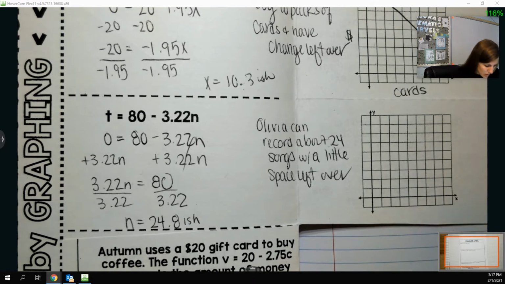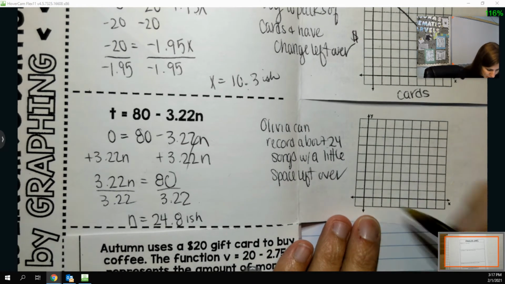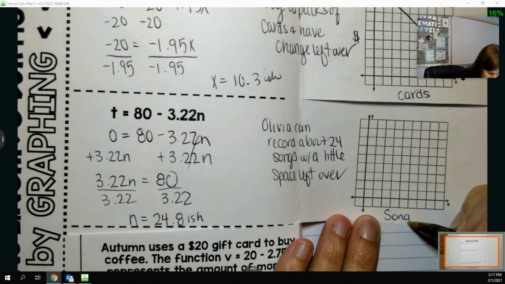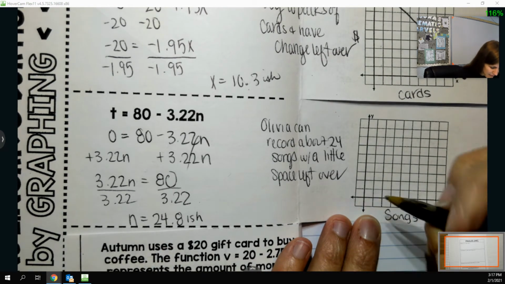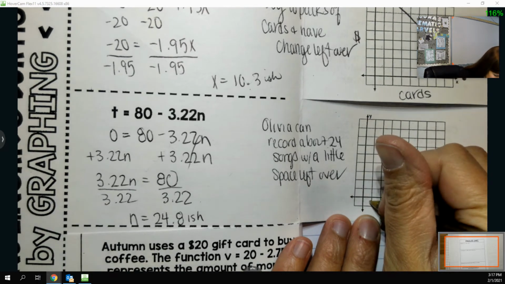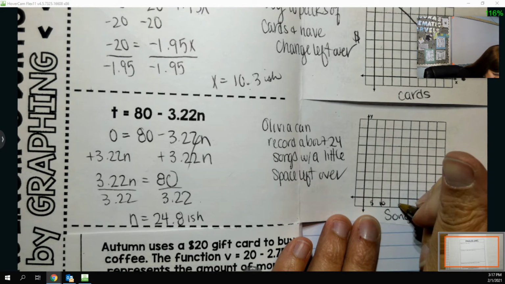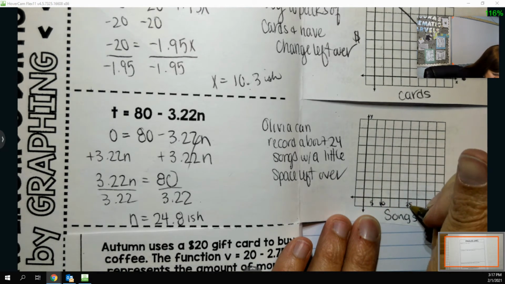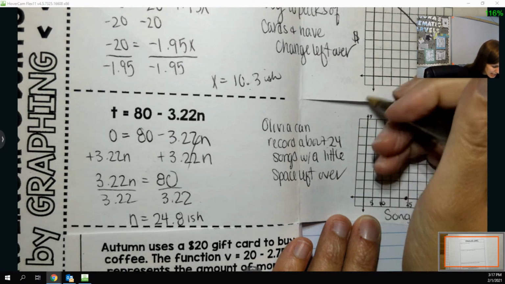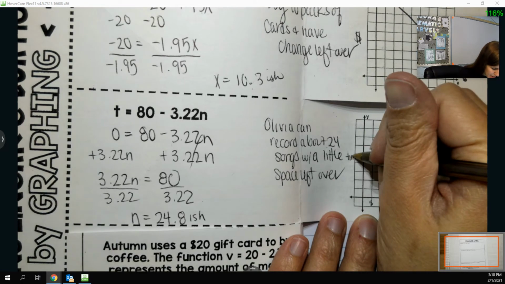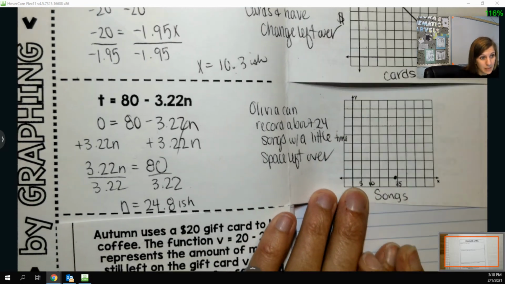Okay, so along the bottom here, let's put songs. And because I have to go to like 24, let's maybe count by fives. So 5, 10, 15, 20. This will be 25, so we'll be almost there. And then along the side here, we have time that's left on our USB.